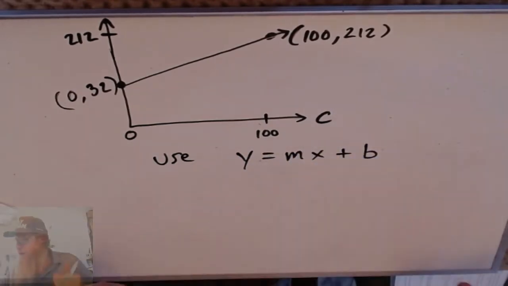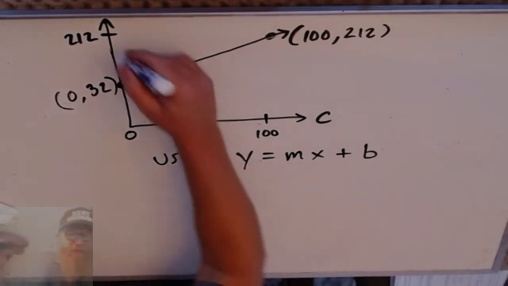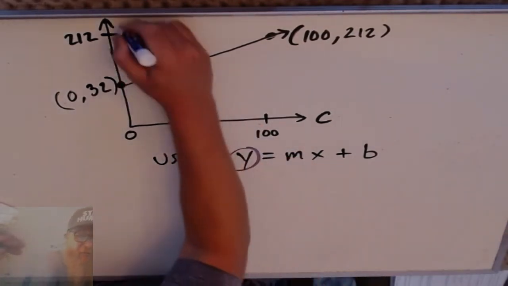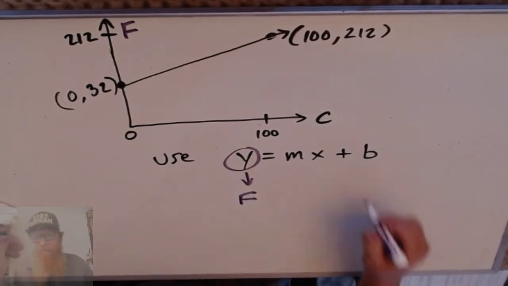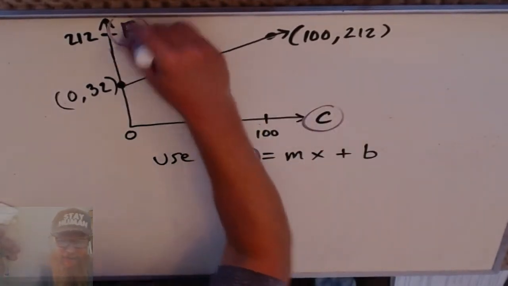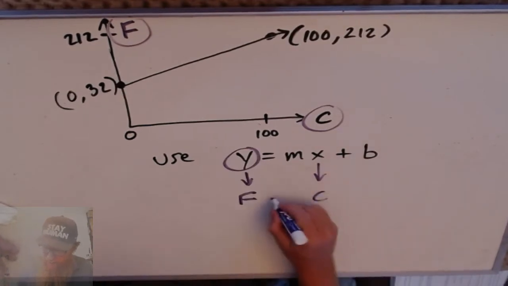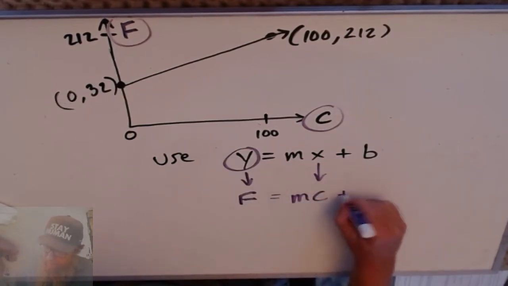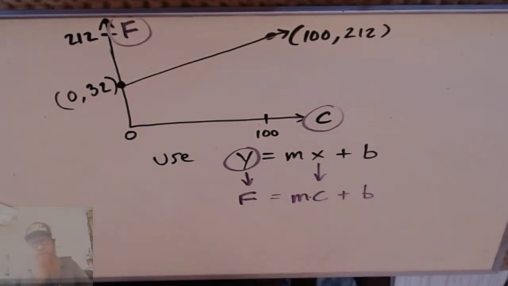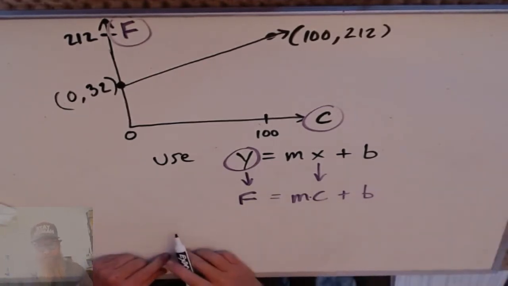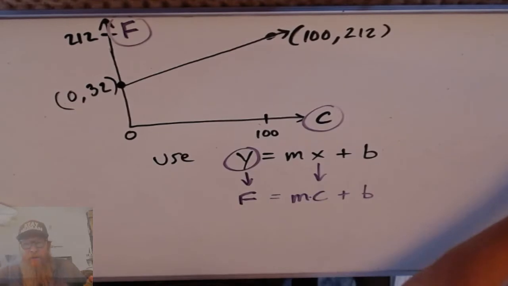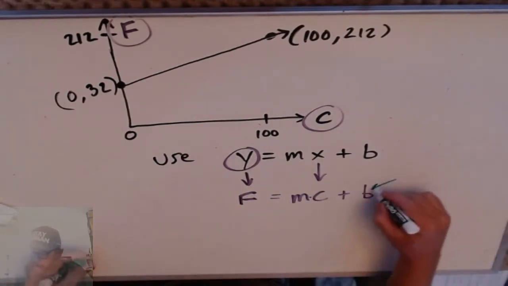Okay. Now I'm going to dress it up a little bit different. My y is Fahrenheit, and my x is Celsius. So it's going to be F = MC + B. And remember what we learned before about B being free?